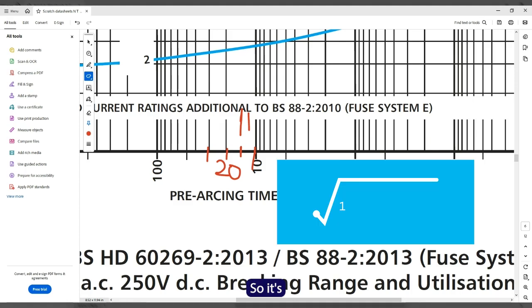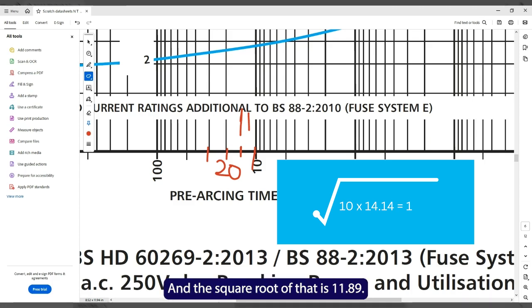So it's 10 times 14.14 in the square root. So that is 141.4, and the square root of that is 11.89.